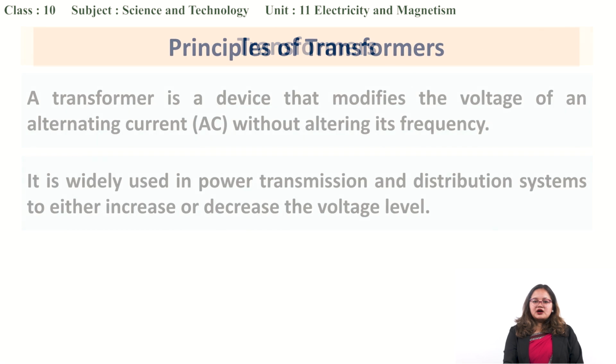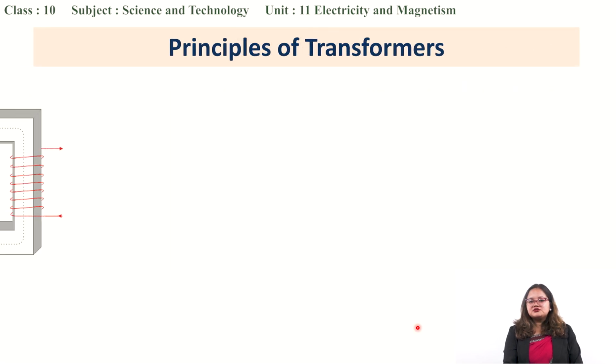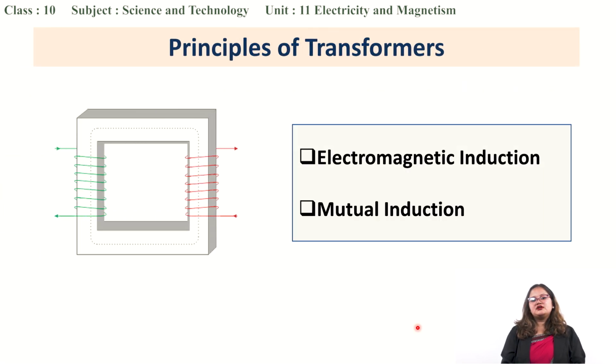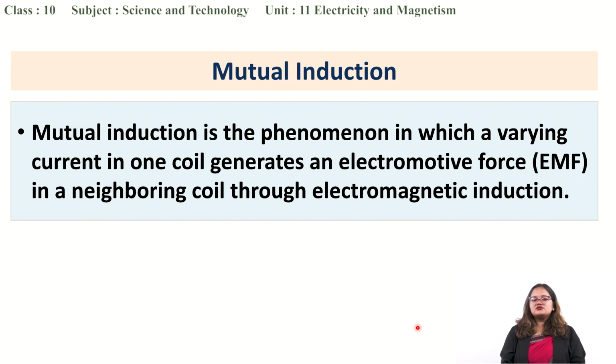Talking about the working, it works on two basic principles, which are electromagnetic induction and mutual induction, where mutual induction means the phenomenon in which a varying current in one coil generates an electromotive force in a neighboring coil through electromagnetic induction.